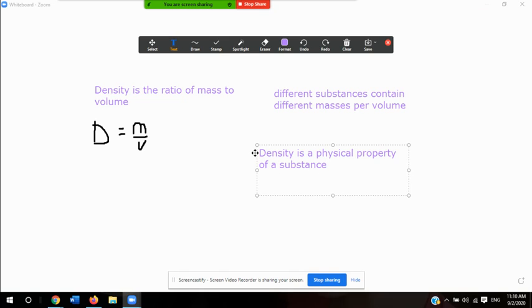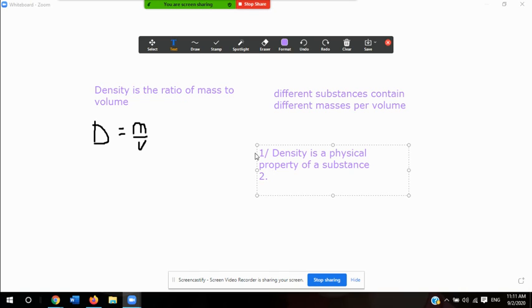Secondly, I'm reading from your book on page 36. It doesn't depend on the size of a sample, because as the mass of a sample increases, its volume increases.